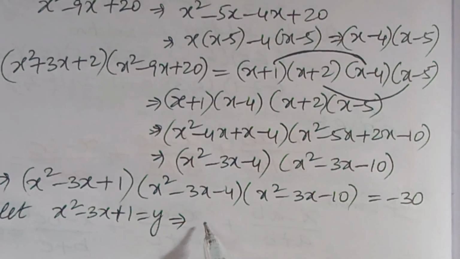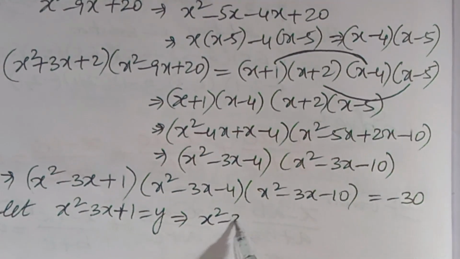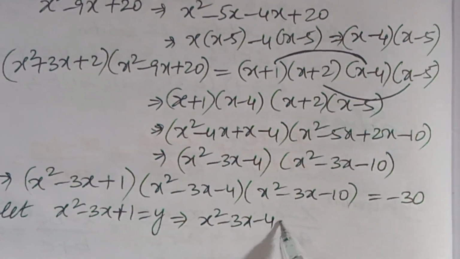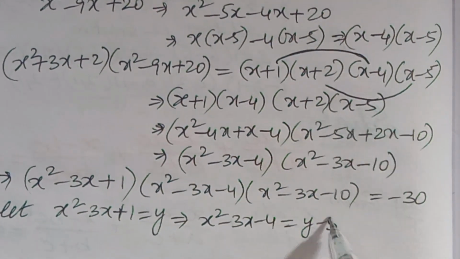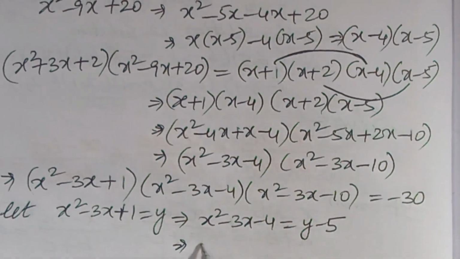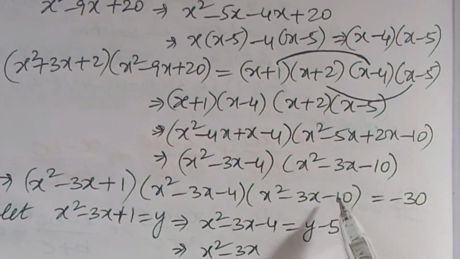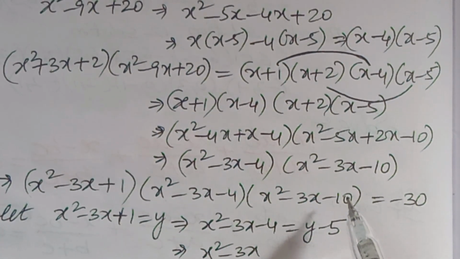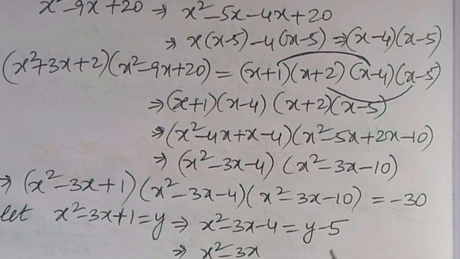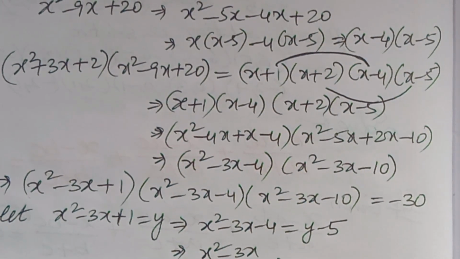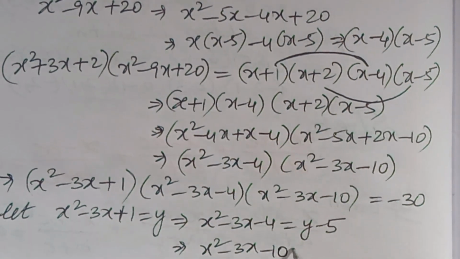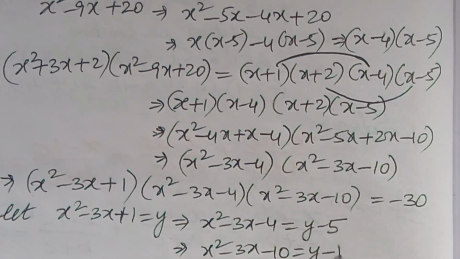That implies x² − 3x − 4 will be y − 5, and x² − 3x − 10 is equal to y − 11.